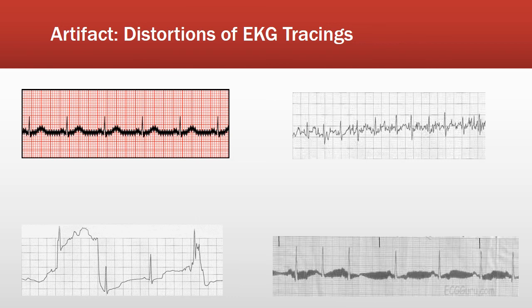So we want to make sure that we can get the best tracing possible. So you're going to either get rid of the excess hair or make sure that you clean the skin. If they have greasy skin, you're going to have to use acetone to take that grease off of their skin, and you may have to actually change your leads more than somebody who doesn't have oily skin or hairy skin.